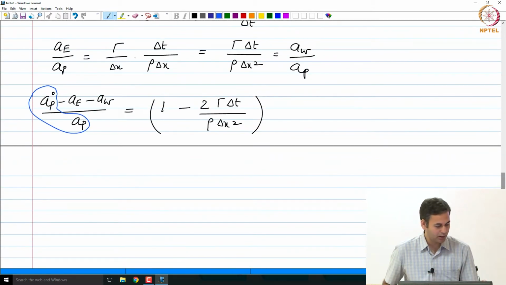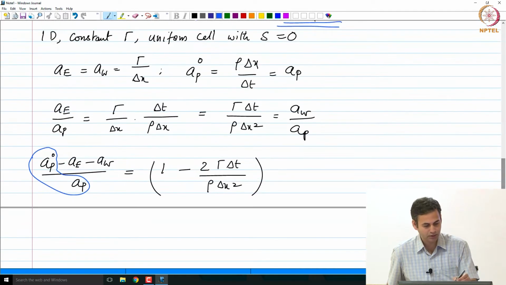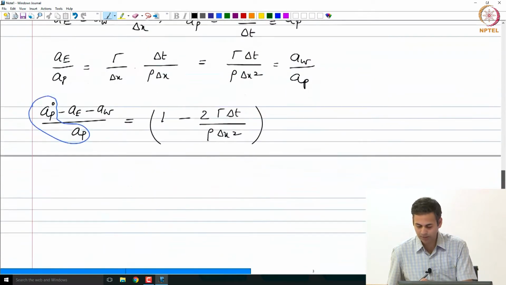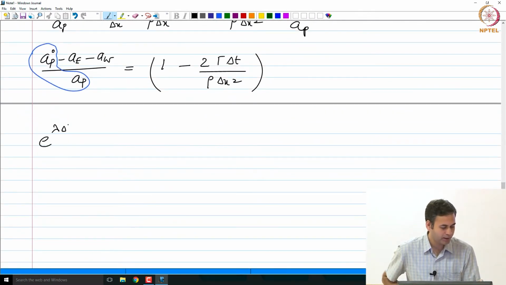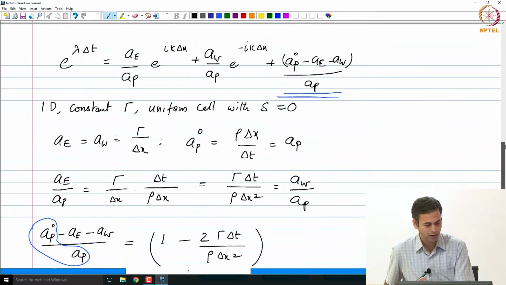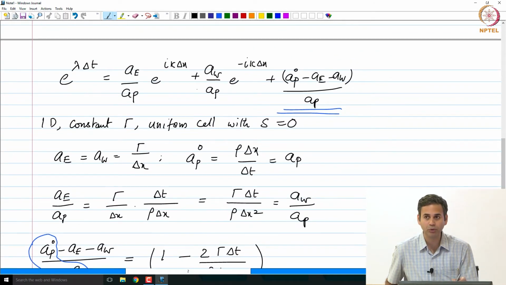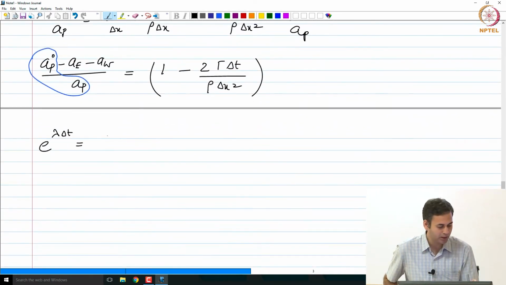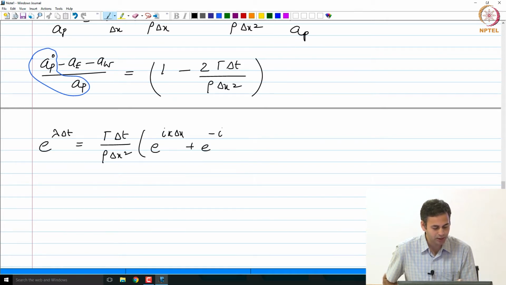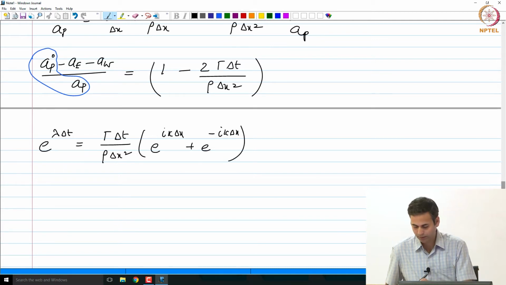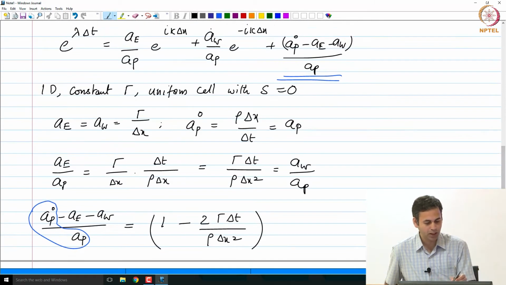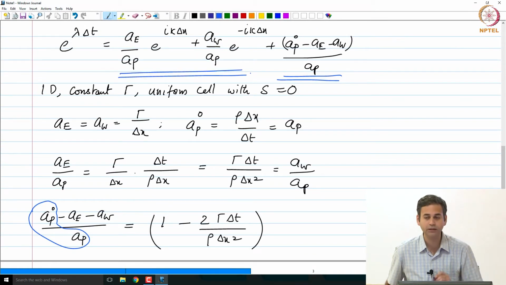So, that will give us e to the lambda delta t. What do we have here? e to the lambda delta t equals a_E by a_P plus a_W by a_P. So, both are the same. So, we can take that out, that would be gamma delta t by rho delta x square times (e to the I k delta x plus e to the minus I k delta x), right, coming from these two terms, right.